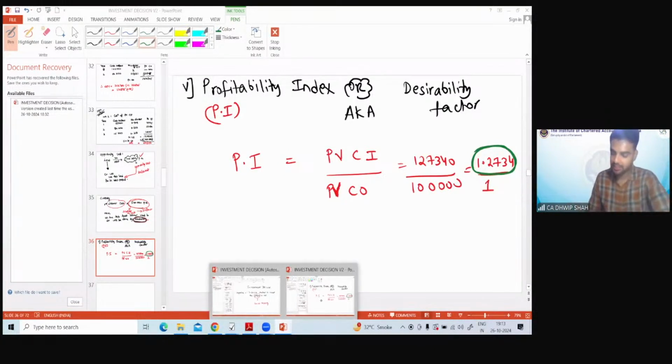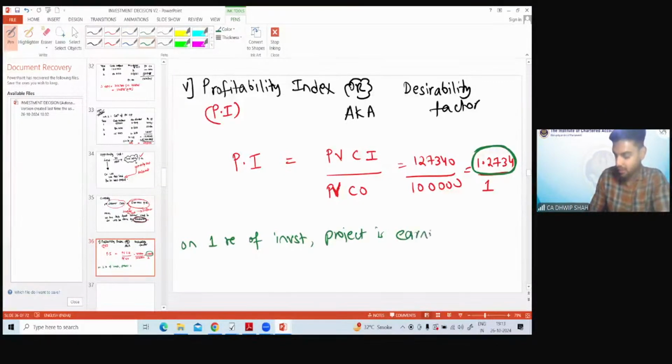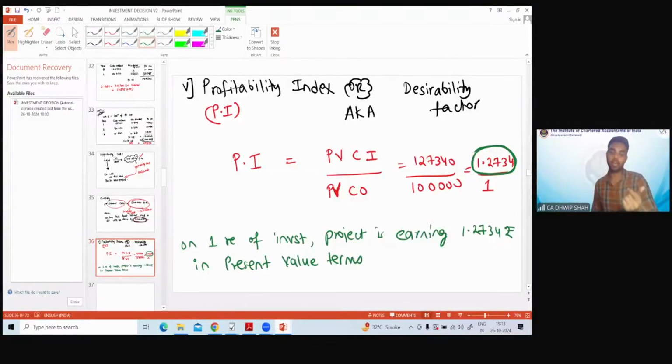The interpretation is on 1 rupee of investment, the project is earning 1.2734 rupees, and that too in present value terms, not in absolute terms, in relative terms. तो जैसे बोलते हैं ना, इक्का दो, इक्का पांच, इक्का 10, so that is always a good sign.